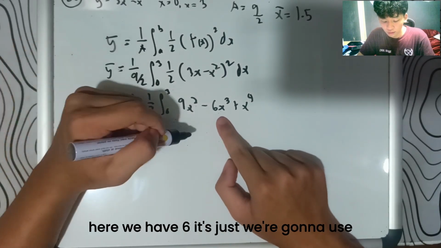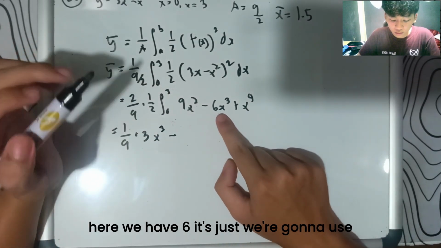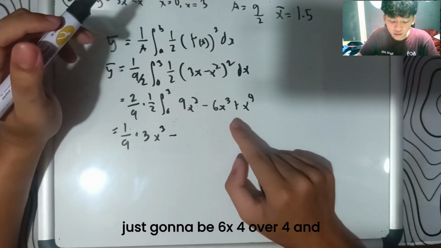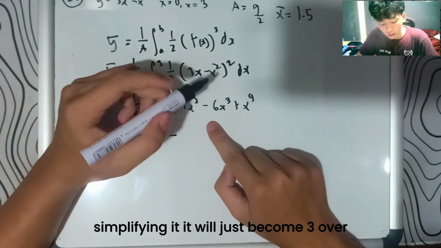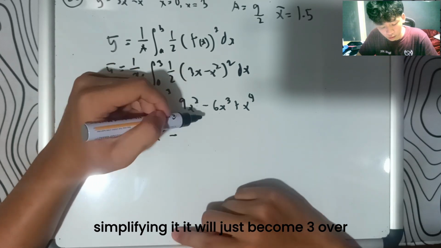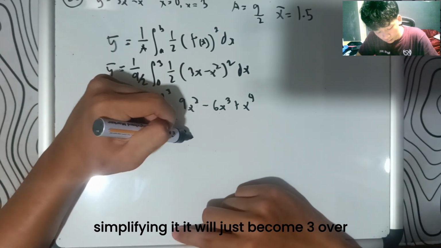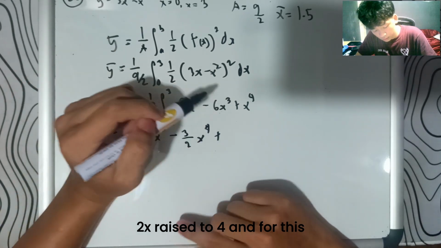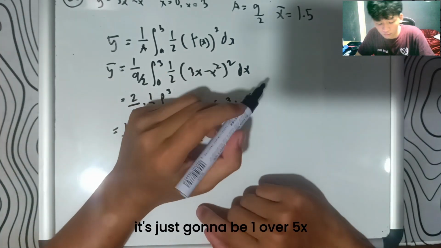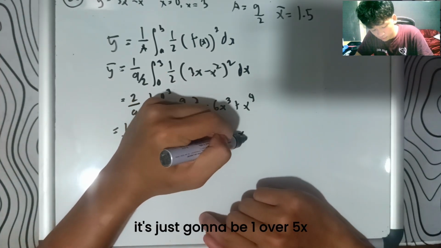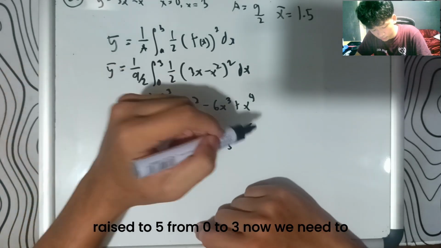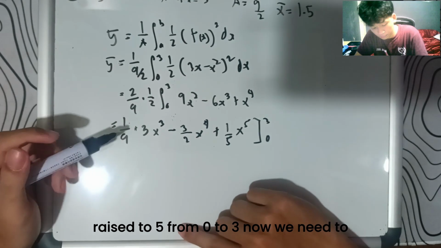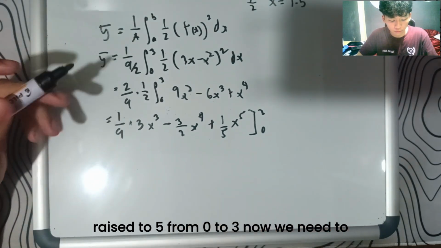Again, here we have 6x cubed, and we use the power rule again. It's going to be 6x to the 4th over 4, and simplifying it, it becomes 3 over 2 x raised to 4. And for this, it's 1 over 5 x raised to 5, from 0 to 3. Now we need to plug in the numbers.